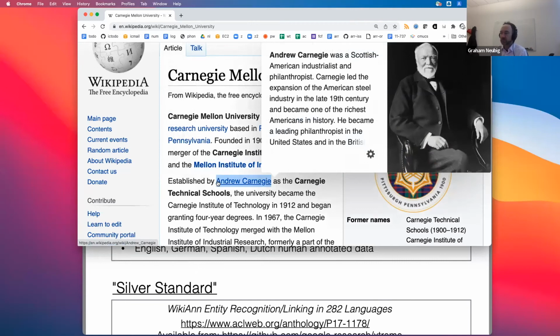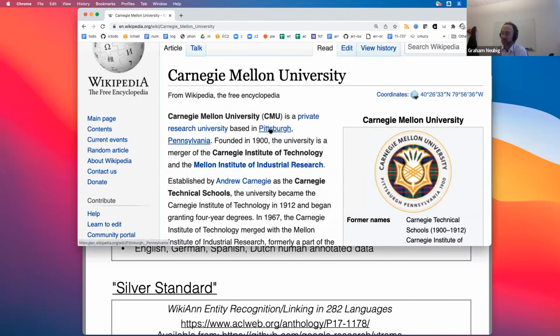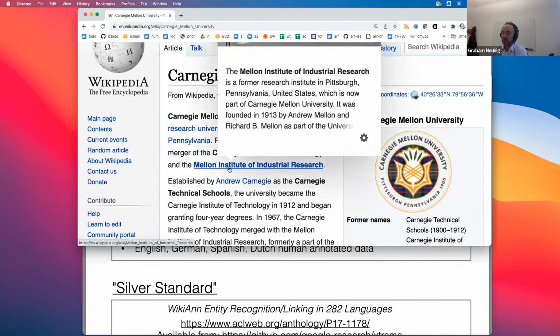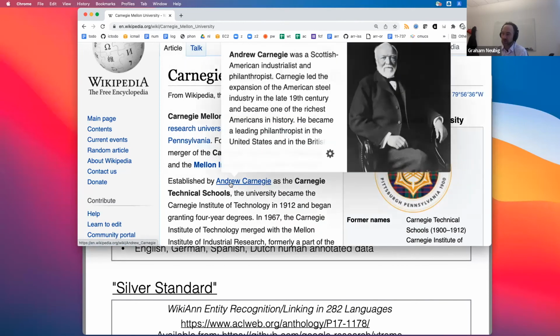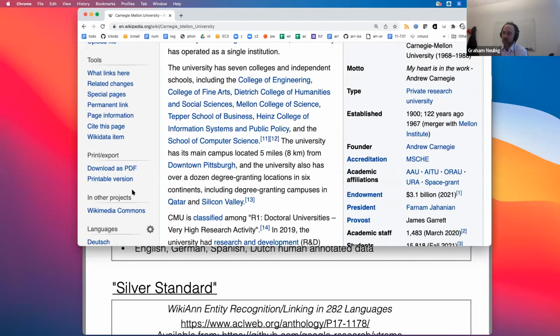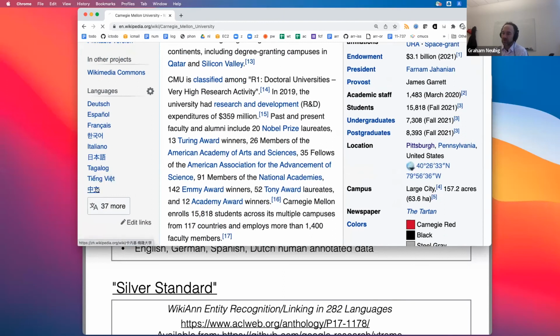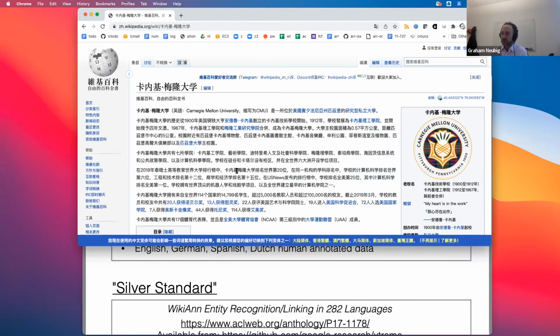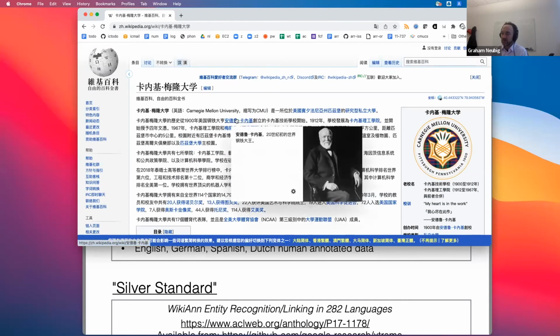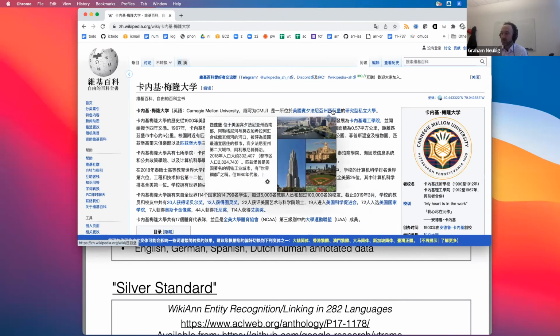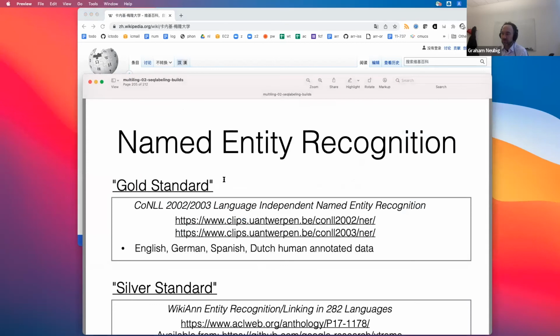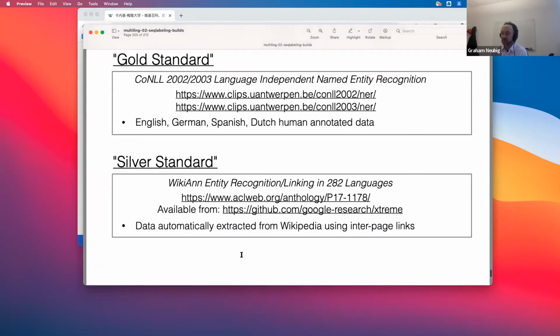And then if you look up the type of the page, according to some annotations that come on Wikipedia, you can tell that Pittsburgh is a city, Mellon Institute of Industrial Research is an organization, and Andrew Carnegie is a person. And of course, this is available in lots of languages. So we can go to Chinese and find the Chinese equivalent of Andrew Carnegie or Pittsburgh and do the same thing. So basically, this data creates that in many different languages.